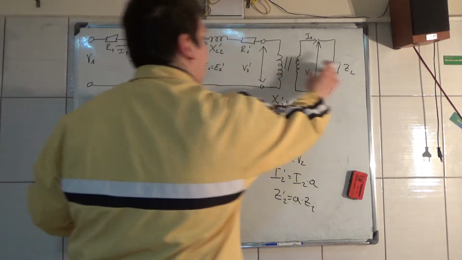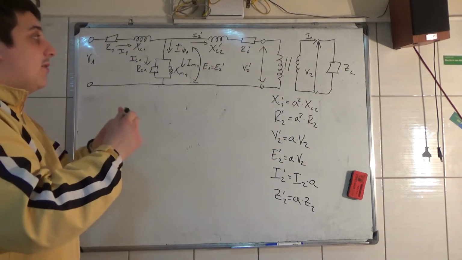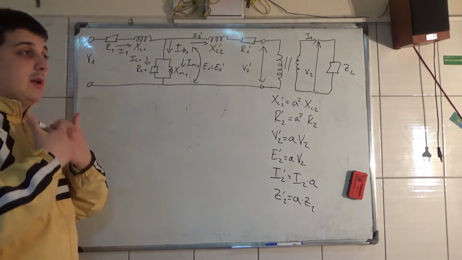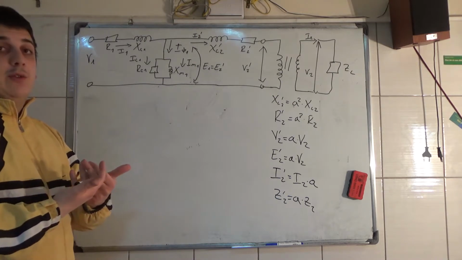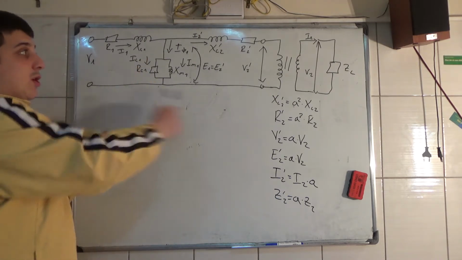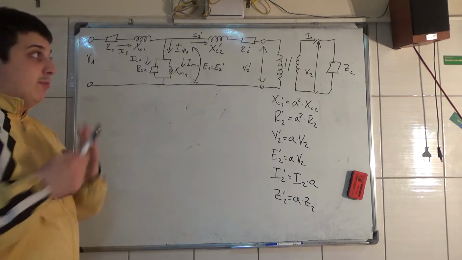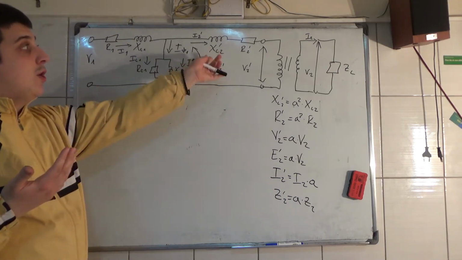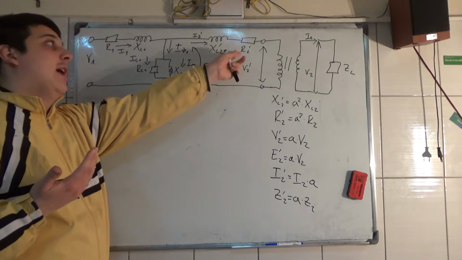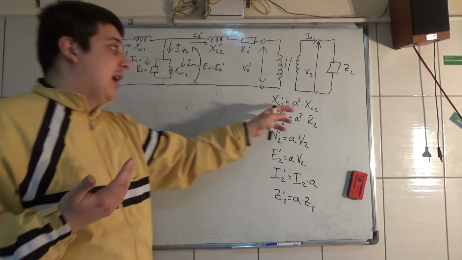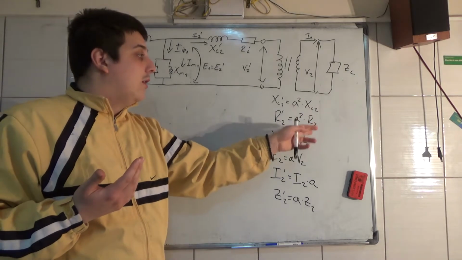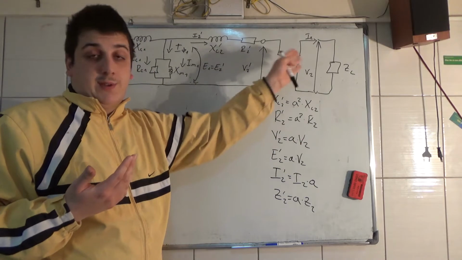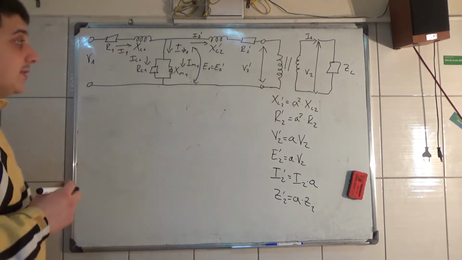Because now if you transfer this to here, then the equivalent circuit is much easier to determine all these parameters, and when you know what is the XL2 prime and R2 prime, you can easily calculate the original values of the secondary parameters.